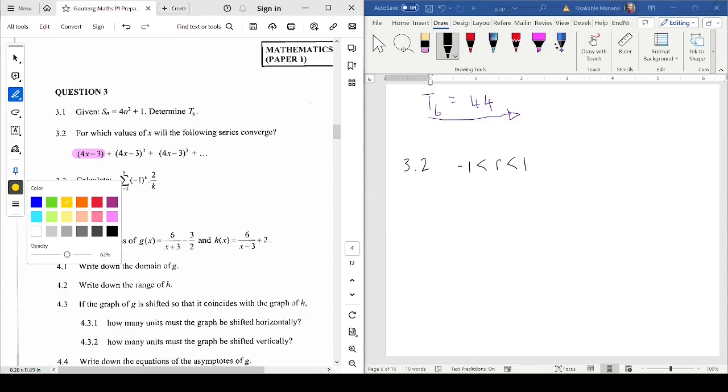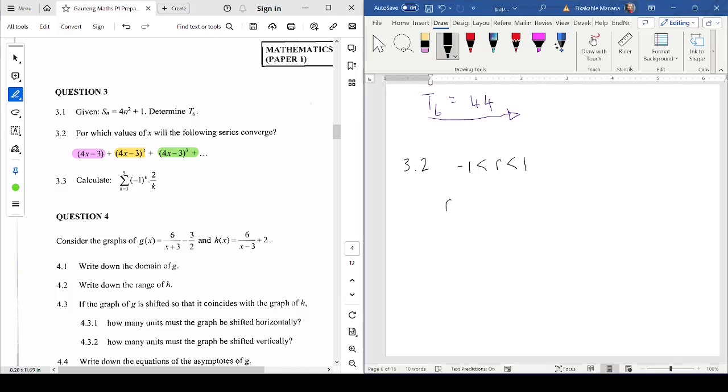And that's T2. And then the final one is this one. That's T3, right? And then remember that r is T2 over T1, which is also T3 over T2. So we can take any of them, right?